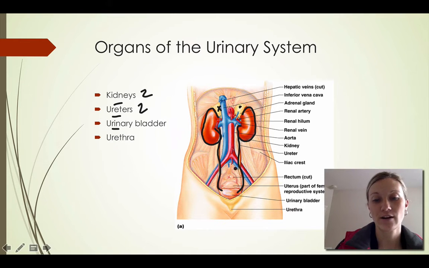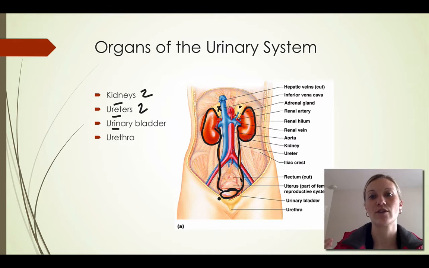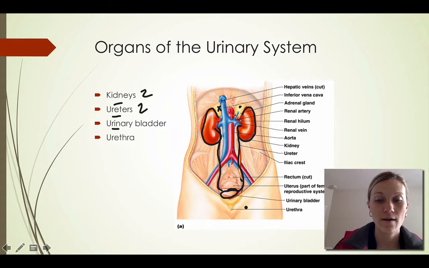And then your bladder is right here. Your bladder is just that hollow sac-like organ that will fill up with urine, or it won't have any urine in it. And then the urethra is right here. The urethra is similar to the ureter, but it acts as the passageway to get from the bladder to the exterior of the body.